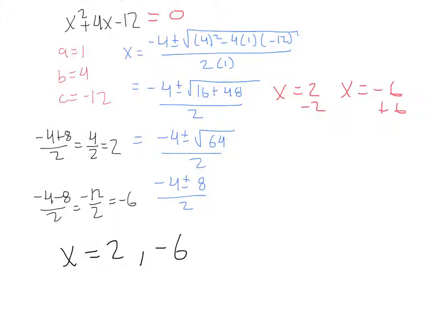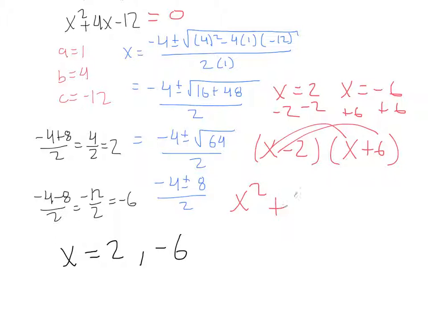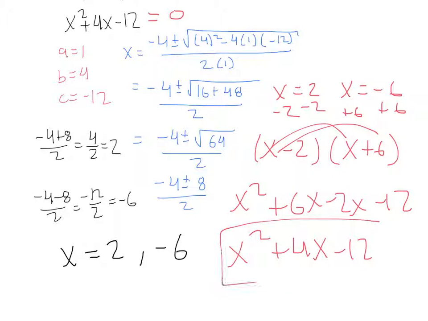So minus 2 and plus 6, so we get x minus 2, x plus 6. If we fold this back together, we get x times x is x squared plus 6x minus 2x minus 12, x squared plus 4x minus 12. So we can see that that worked out, and we got the same answer.